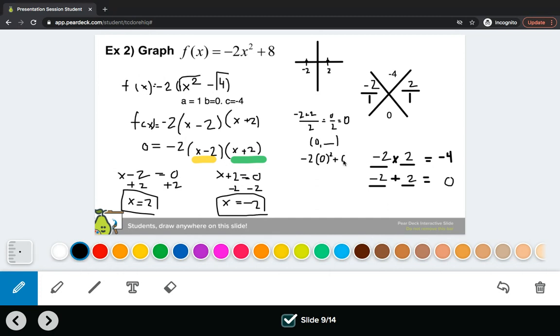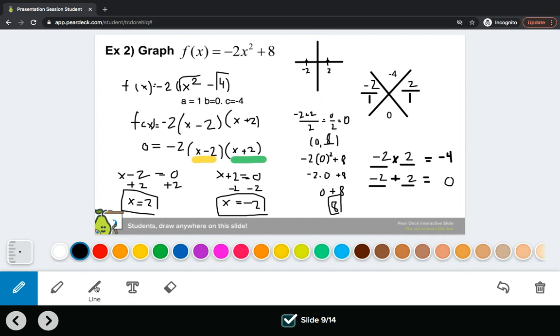If I do the algebra there, 0 squared is just 0. -2 times 0 is 0, plus 8 is 8. So that means my vertex is at 0, 8.